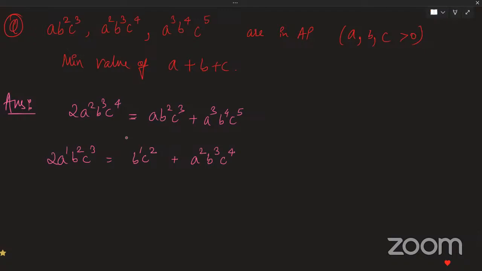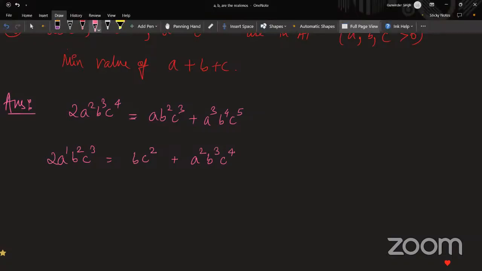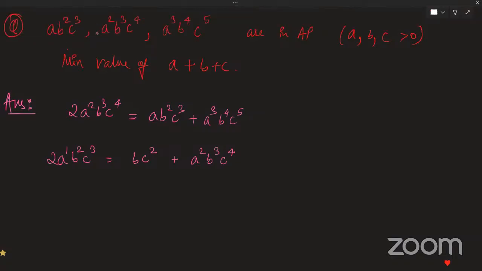So now think, how should I approach this now? BC common, sir. Okay, great. So you want to divide all of this by BC now, right?